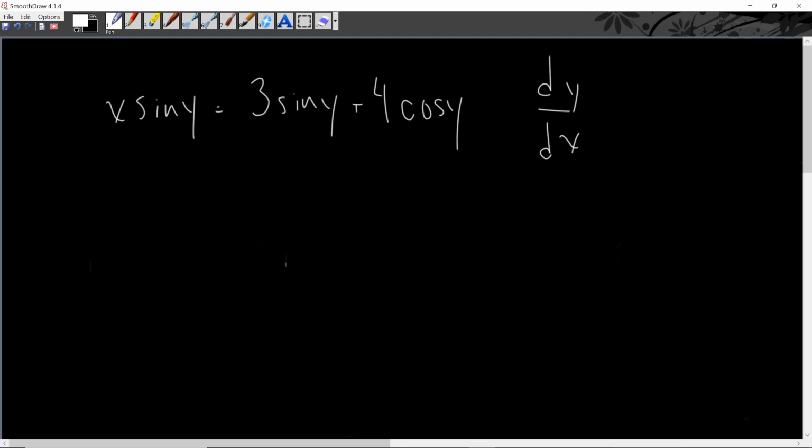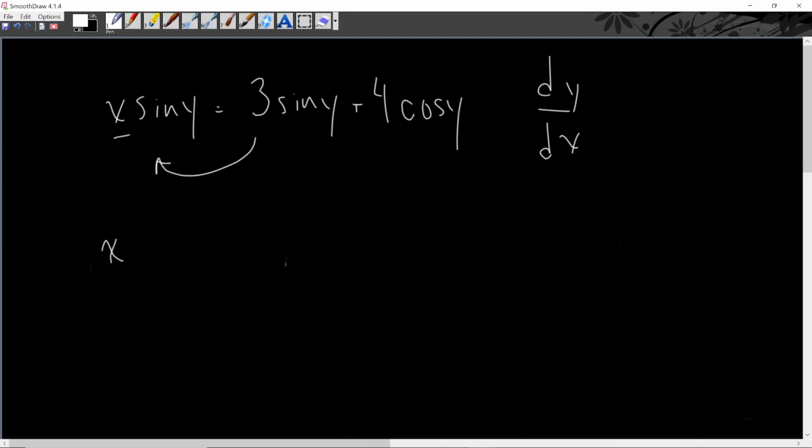Now, already, I see that we have a bunch of terms with y in them, so it's not really simple to take away the x. There's only one x in this situation, so it's kind of hard to isolate it. So I'm going to try bringing this to the other side and then factoring out that sine y.